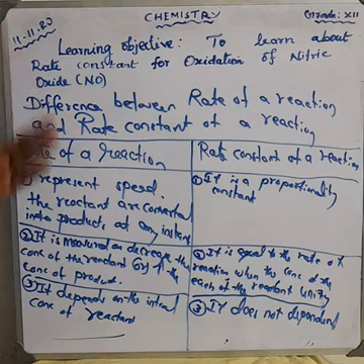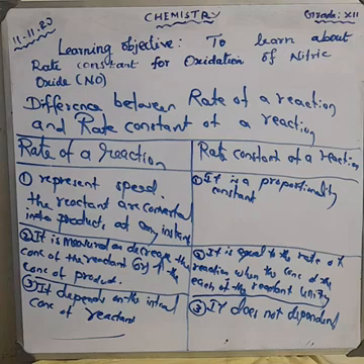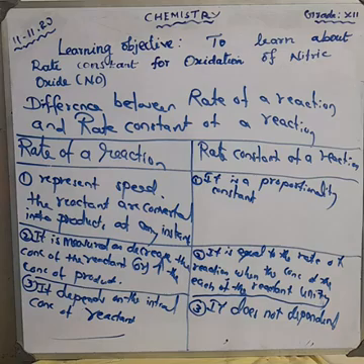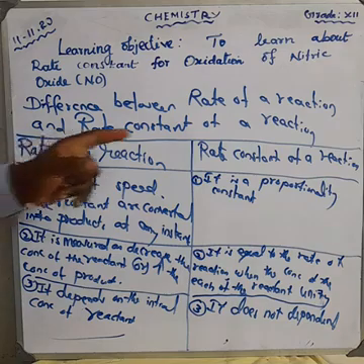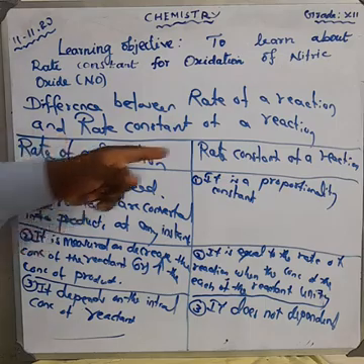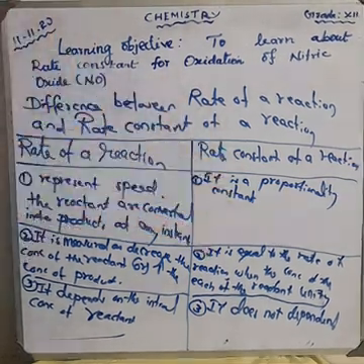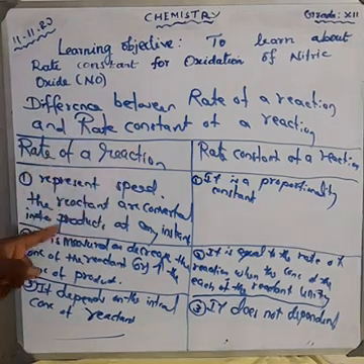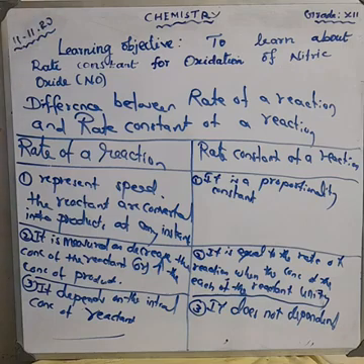The differences between the rate of the reaction and the rate constant of the reaction. Very important 3-mark question. First point: the rate of the reaction represents the speed, the reactants are converted into product at any instant.